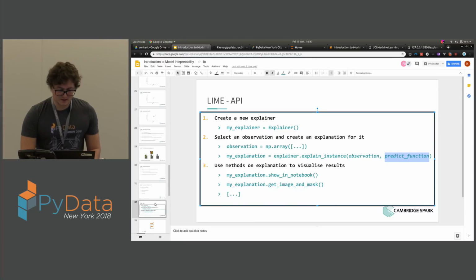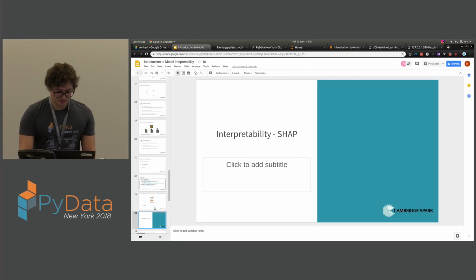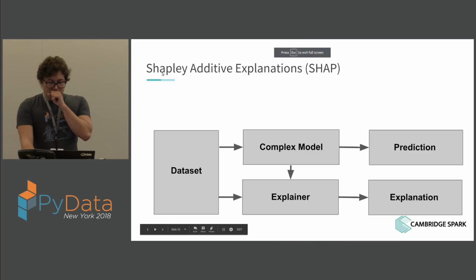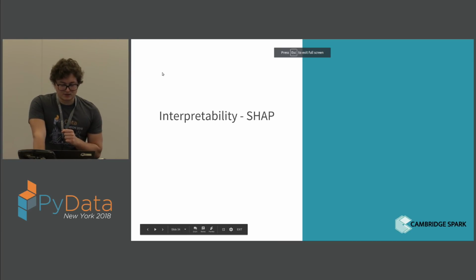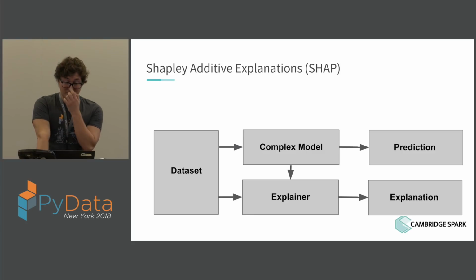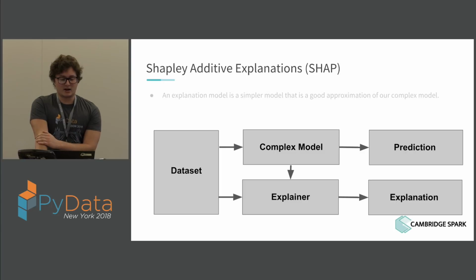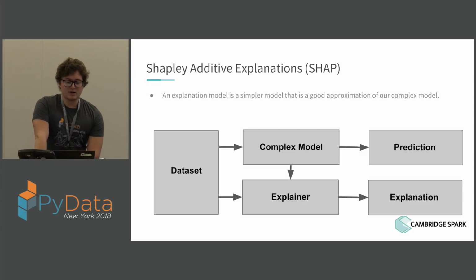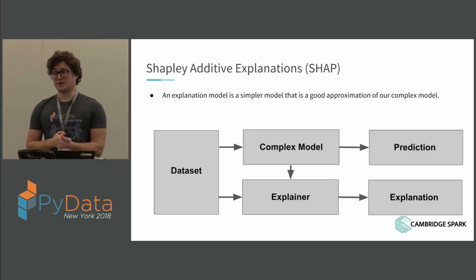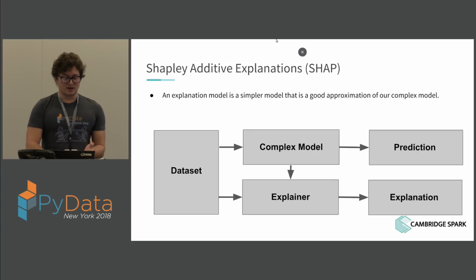And now, the last library that I wanted to talk about is SHAP. So what is SHAP? It originated from a paper where part of the paper is explaining that generating explanations for a model can be seen as this framework.